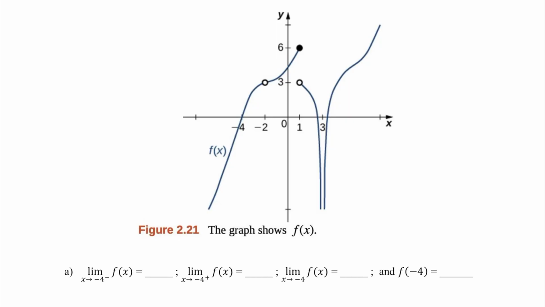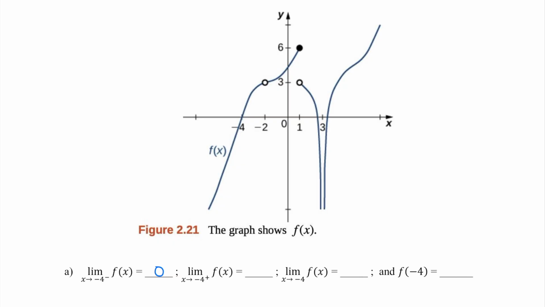Look at the graph. As x approaches negative 4 from the left, the curve is rising toward the x-axis. It appears to approach 0. So the left side limit of f of x as x approaches negative 4 is 0.